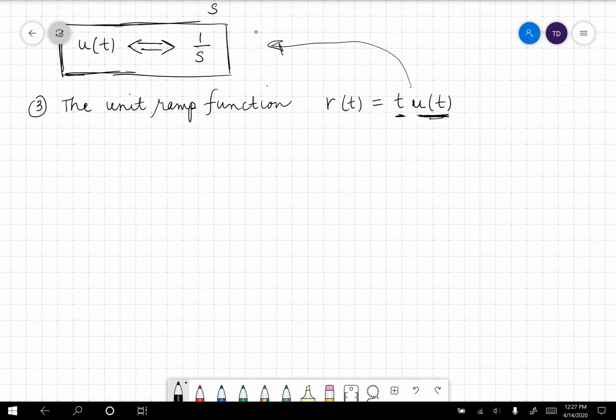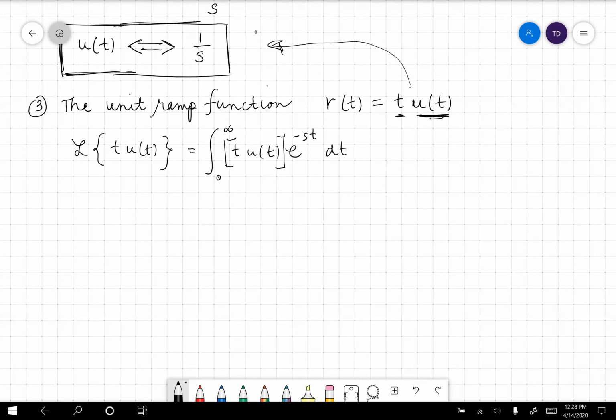So here we go. The Laplace transform of t times u of t is equal to the integral from 0 to infinity of t u of t times e to the minus st dt, right? It's always put the function in. I just want to point this out to you.